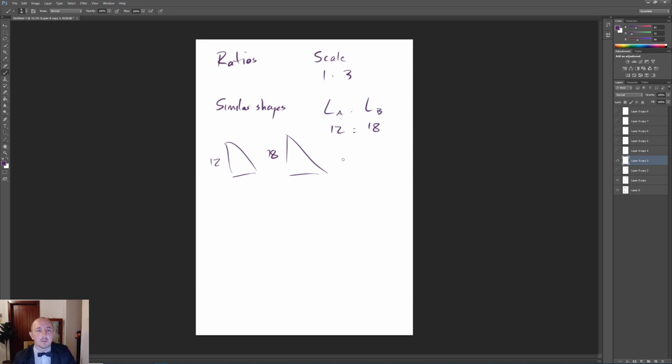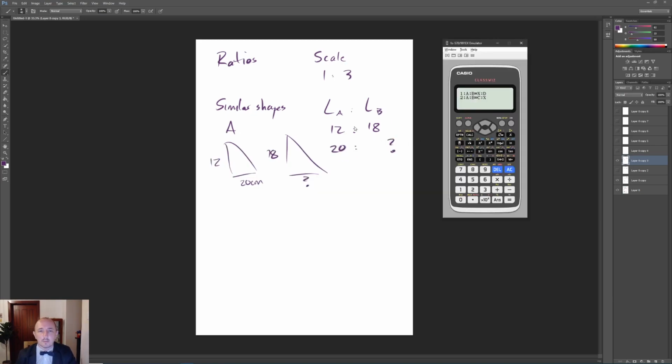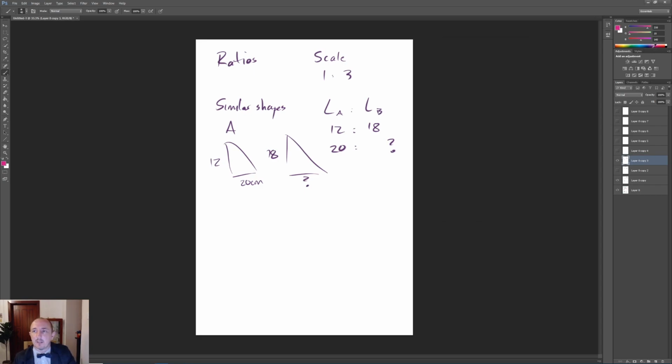And it says, well, if this one is, I don't know, 20 centimeters, what's this one here? Then you can say, well, 20 is on shape A, so I'm going to put that there. And what's this one here? Well, the calculator's asking you what's A, B, C, and D. So this is A here, this is B, this is C, and this is D. And which one is missing? It's D. So D becomes your X.